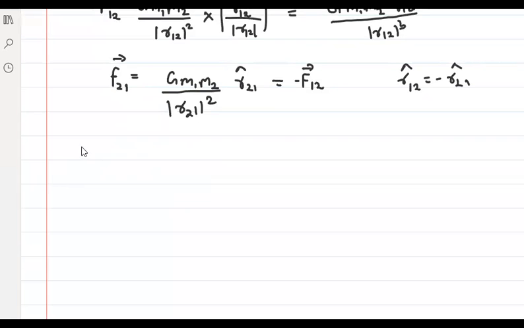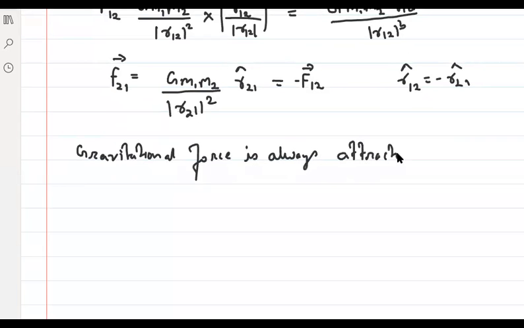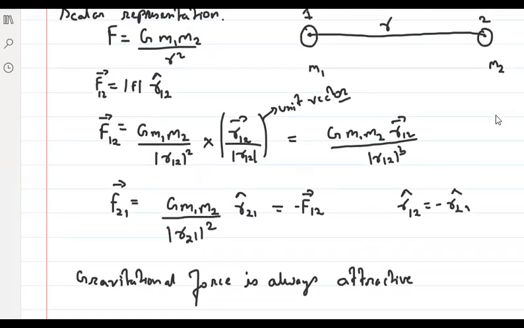So I can say that gravitational force is always attractive, because we have only positive mass. We will never take negative mass, at least in our syllabus. So the product of masses will always be positive, and that's why gravitational force will always be attractive.